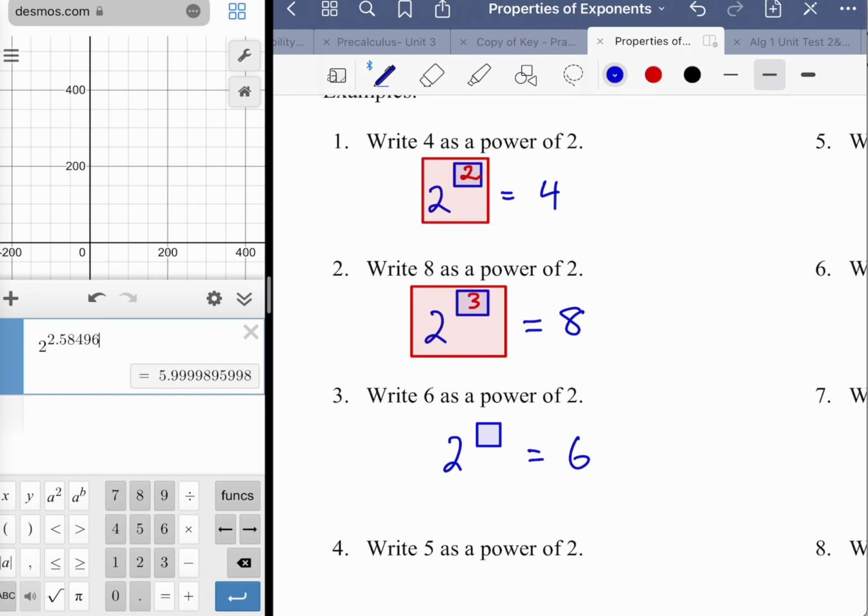6.1, not enough. 6.5, too much. 6.4, still too much. 6.3, just a smidge too much. 6.2, too little. Throw a 5 on, still too little, maybe a 6. Too much, so maybe like a 5.5.